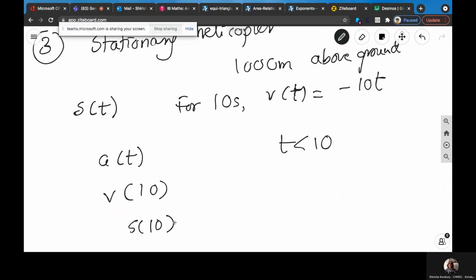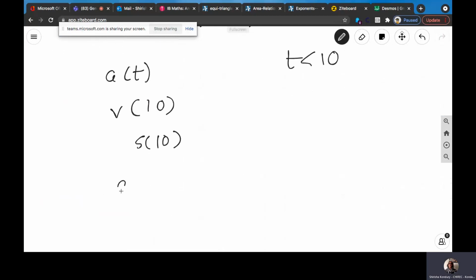Okay. So let's see the value. Acceleration is the derivative of velocity. So we have minus 10t as the velocity for time less than 10 seconds. And therefore, acceleration will be minus 10 meters per second squared, which is the same as your g value approximately.